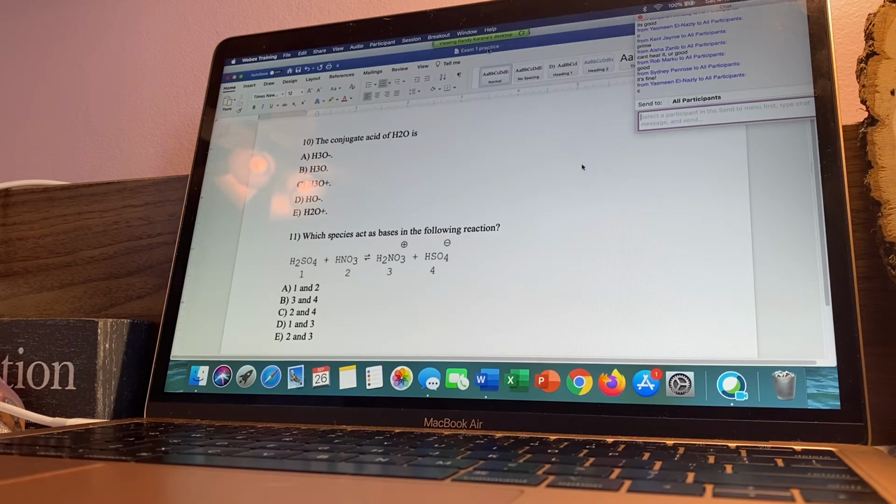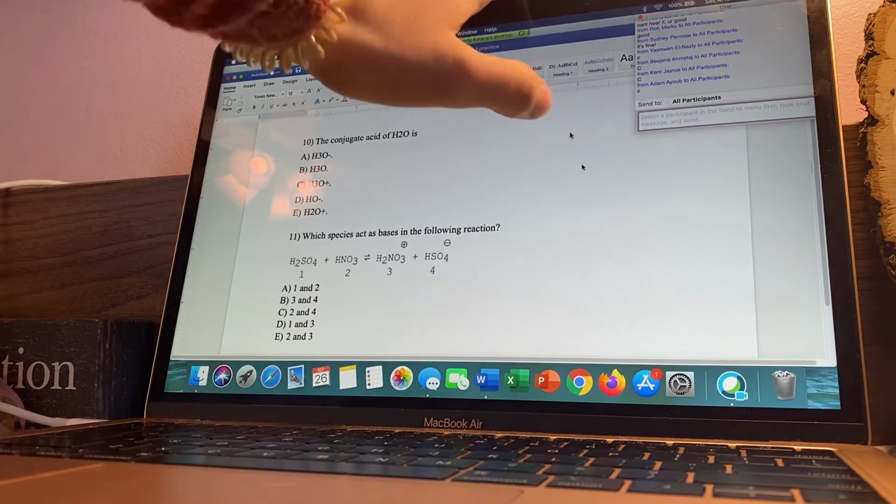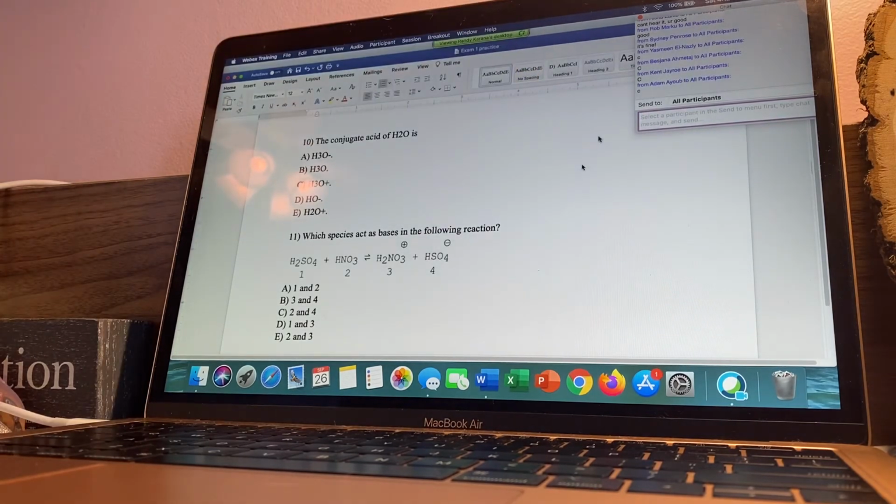Actually, you know what? I'm able to poll you guys using WebEx. I haven't really used these much, but okay. No one else can see them, it's just a way for me to see what everyone thinks. So is it A, B, C, D, E?